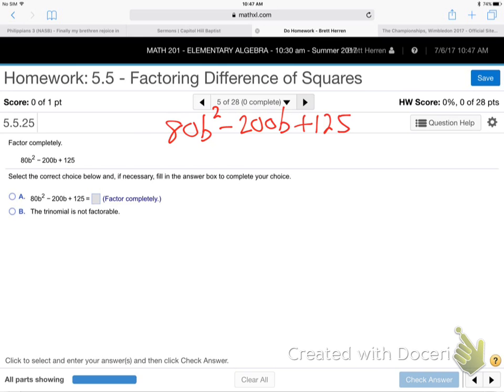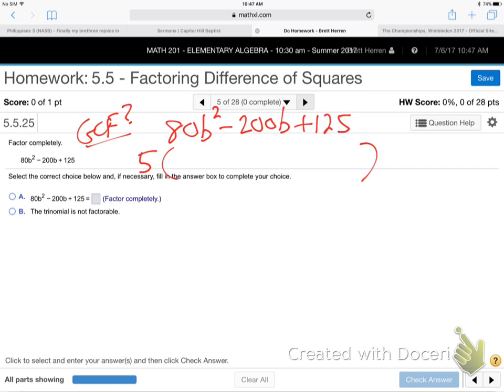What if I looked at it and I said, hey, 2 goes into all those. Oh, wait a minute, no, 2 doesn't go into 125. What am I thinking? That's not going to work. What goes into all those? Yeah, 5. 5 goes into all those. So put a 5 in the front. So GCF, 5. Yeah, I guess it's just 5. I was thinking of something else. I was wrong. Yeah, just 5. Put a 5 out there.